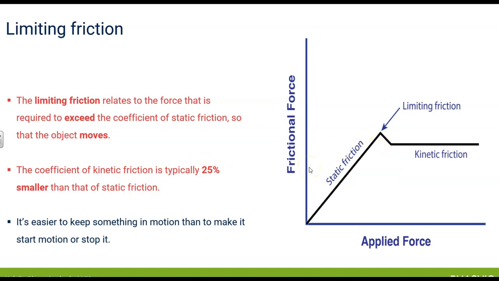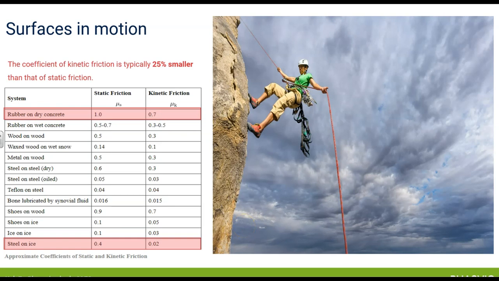And then once you've got it going, the amount of force you need to keep it moving is typically up to about 25% less. So you can see the amount of friction force here is much less. So kinetic friction coefficients are always lower once things get moving, it's always a bit easier. So I struggled to find too much in terms of sports examples, but this is something just to show that all the static friction values between these two types of surface are higher than the kinetic friction values.